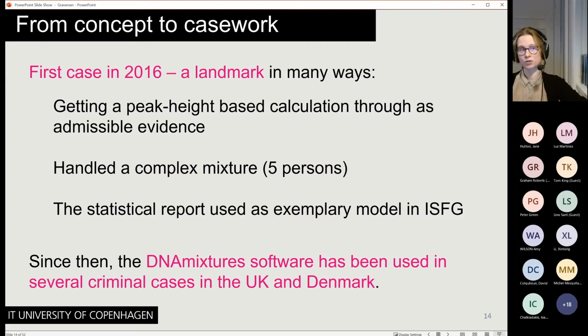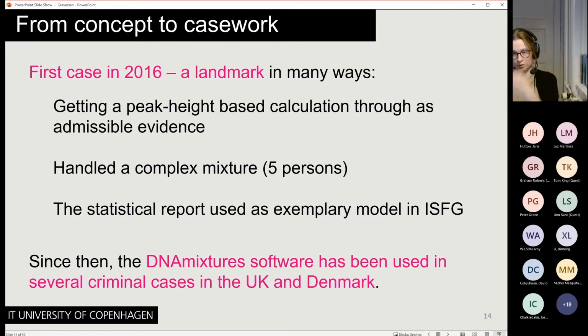And then also the complexity of the mixture. This was a 5-person mixture. Again, this was too complex for, for instance, Euroformix to handle. At this point, even 4-person mixtures would run much longer than mine did for these 5 people.